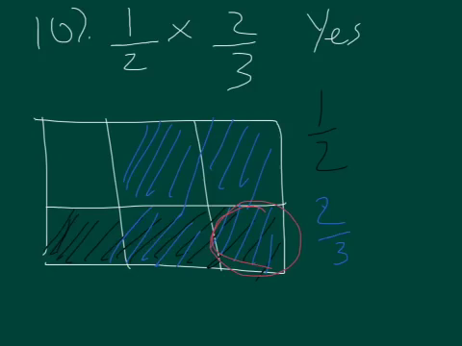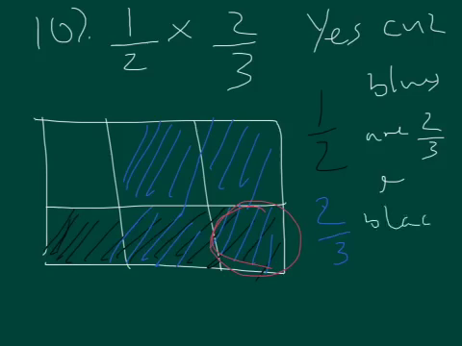I'm going to say yes, because blues are 2/3 and blacks are 1/2. If you had something like that, I gave you credit on the exam. If you wrote something crazy like IDK, I just said no, you get no points.